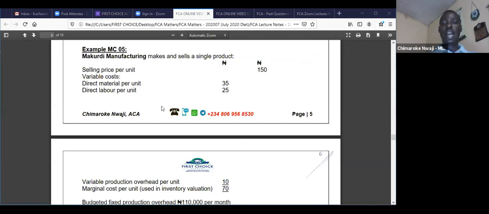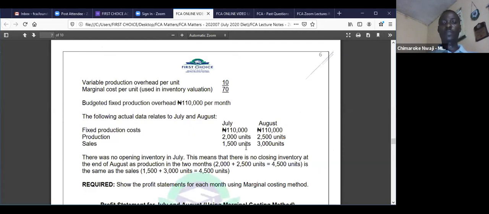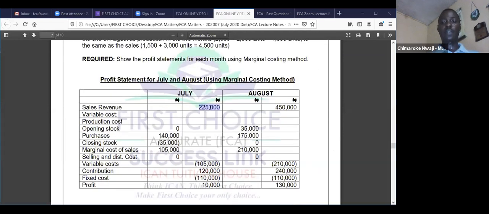And how many units were sold in the month of July? 1,500 units were sold. So I will just multiply it by 1,500. What do I have? I have 225,000. So that is how we got our 225,000 naira here.